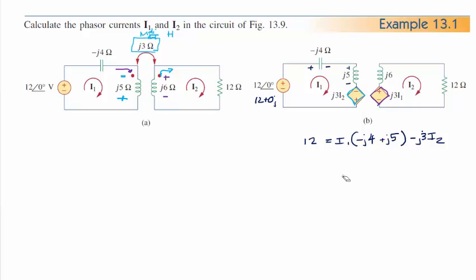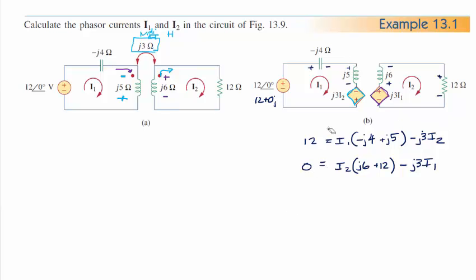We can write the loop equation for the right loop. I'm going to put my little polarity housekeeping marks on my loop. And I have I2 times J6 plus 12, the resistor, and then there is a minus J3I1, and that equals 0.